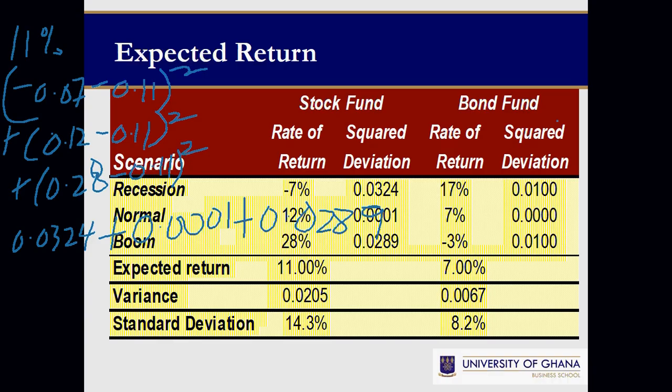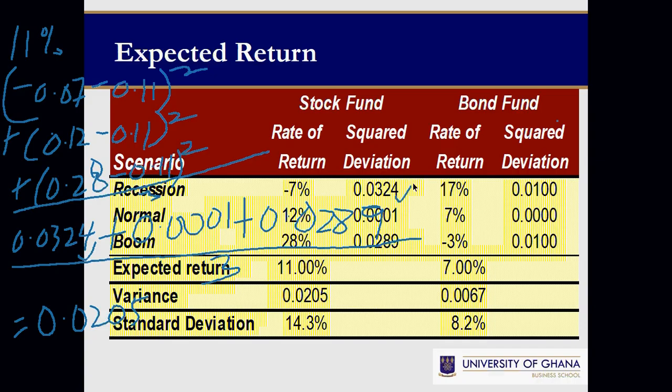So you see, now when we add all these three, sorry, you have to divide all of these by 3. So divided by 3. Now when we do that, we are getting 0.0205. Right. So now we can see that 0.0324, this one, is here, the deviation squared, this is also here.